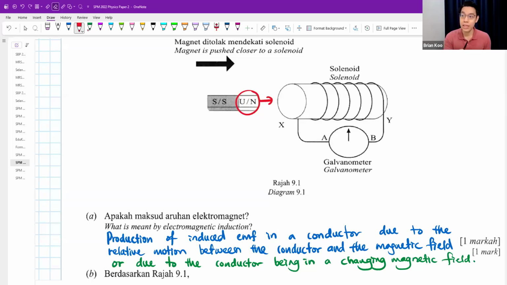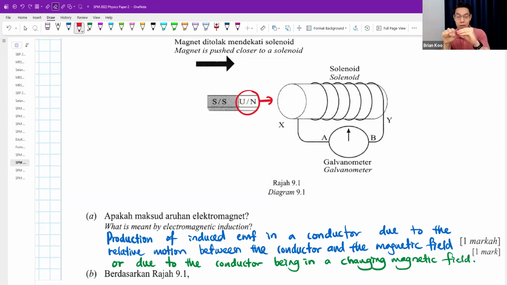So I tell my students this is a toxic love and hate relationship. When the magnet goes closer to the solenoid, the solenoid will never say, come closer. It will never say that. It is very toxic. So when the magnet goes closer, the solenoid will say, please go away.